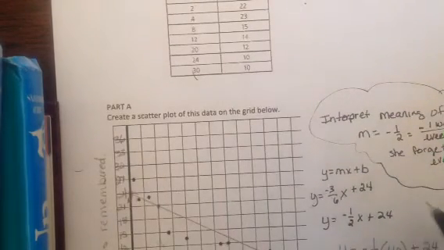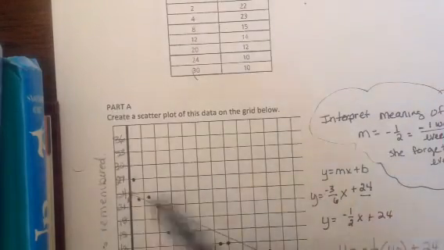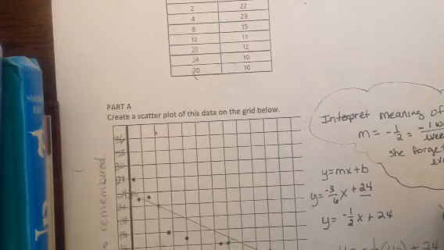Okay, what does my y-intercept mean? My y-intercept is here, so we're going to say that y-intercept means she initially, remember y-intercept is always the initial amount, she initially remembers 24 words.